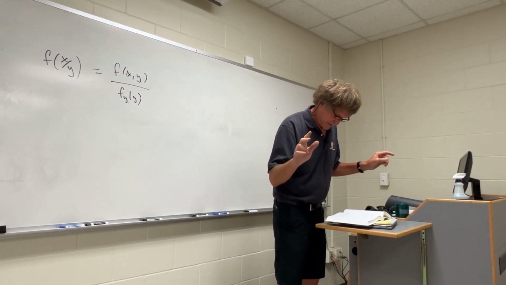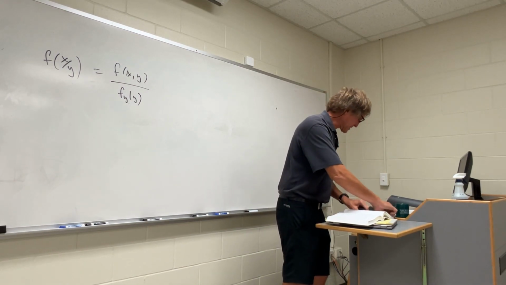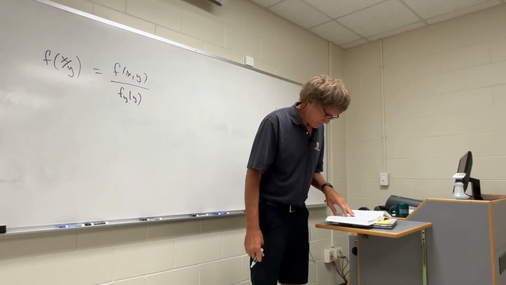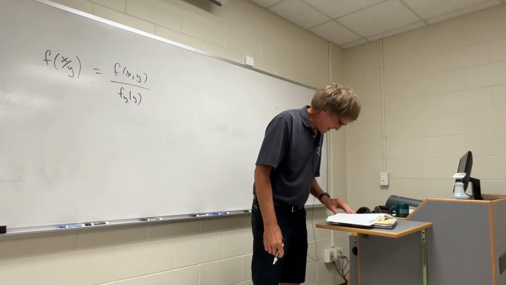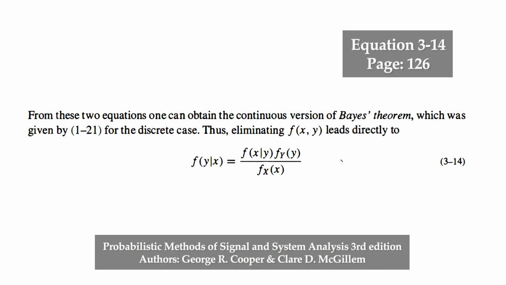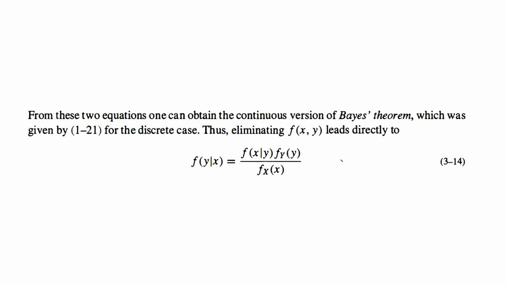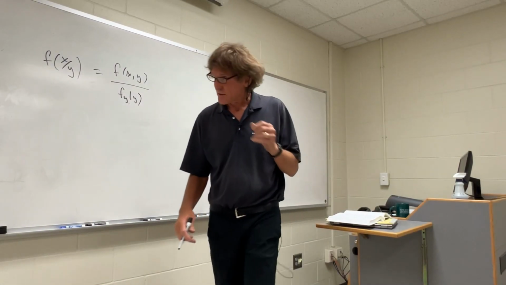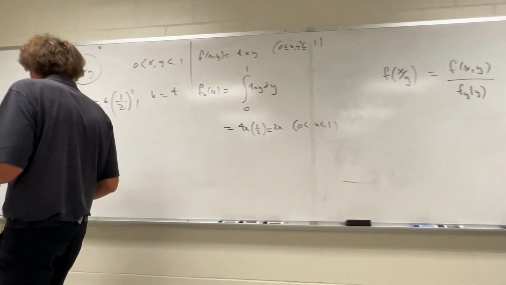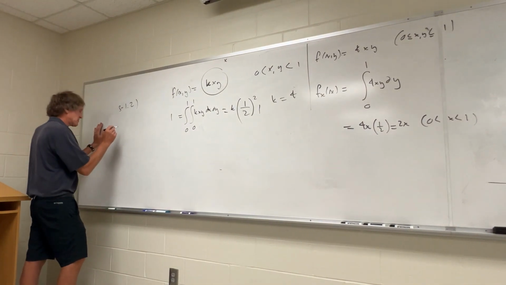I'm sorry, he does it with the f of y, so let me rewrite that. The one thing I'm looking at is right in the center of page 127. Actually, it's equation 3-14, but he does it a different way. So let me just put this down without the dy and dx. That was not right.